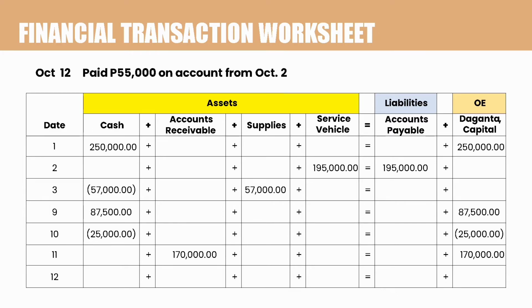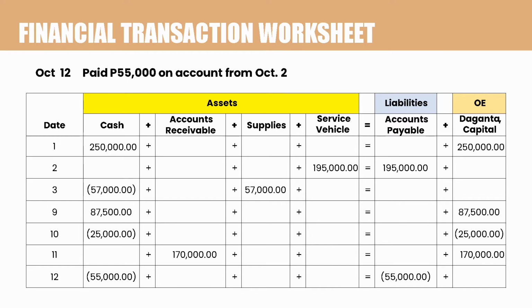For October 12, we have paid 55,000 on account from October 2. So, kung babalikan natin yung ating October 2 kanina, so, di ba, umutang tayo ng service vehicle, kaya naka-acquire tayo ng service vehicle natin for our business. So, dahil binabayaran na natin yung utang na yun, magbabawas tayo ng 55,000 in our cash, then sa ating accounts payable din.